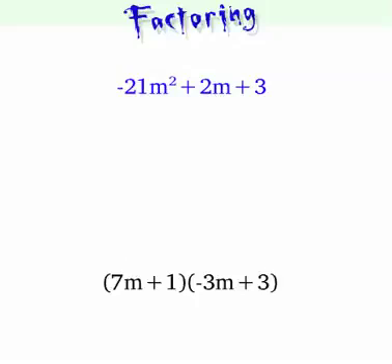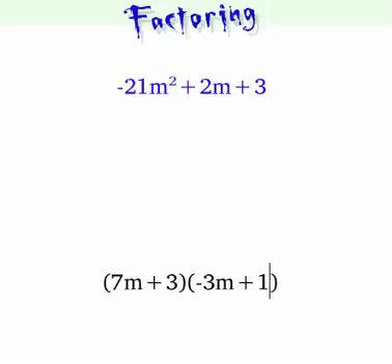So we have -21 plus 3, that makes sense, but then the two outer terms added to the two inner terms will give you the middle term, right? So 7 times 3 is 21, not going to work. So the other thing I'm going to do is switch the 3 and the 1 and see how that works. So we have 7 and we have -9.